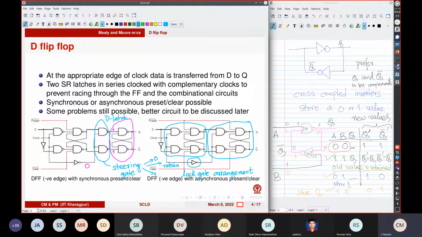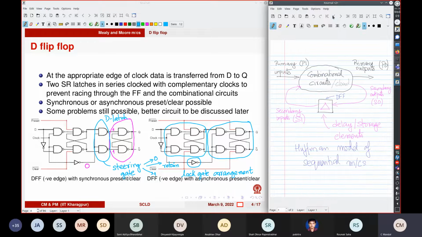So data can't just pass through straight. If it passes through straight, if you look at the previous circuit, then you can have oscillations. The state of the system will be undefined. We'll see, we can have asynchronous systems which are carefully designed so that you don't have undesirable oscillations.